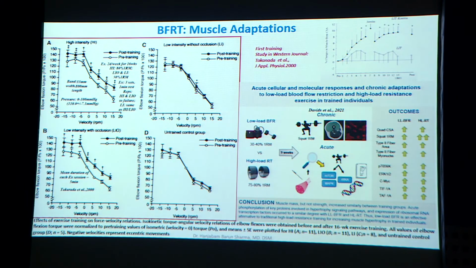So in the same way, just by doing different manipulation, by having 30 to 40% of the RM, by using the blood flow, you have the comparable result to high training. Instead of decreasing the risks of injury, you can just get the benefit which you are getting in high intensity. That is the beauty.